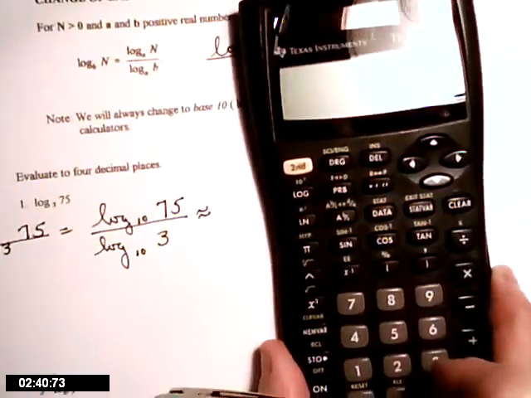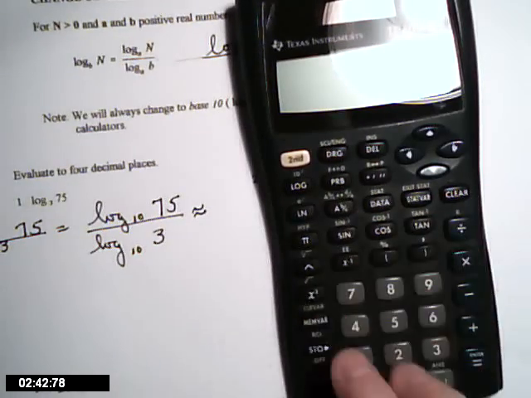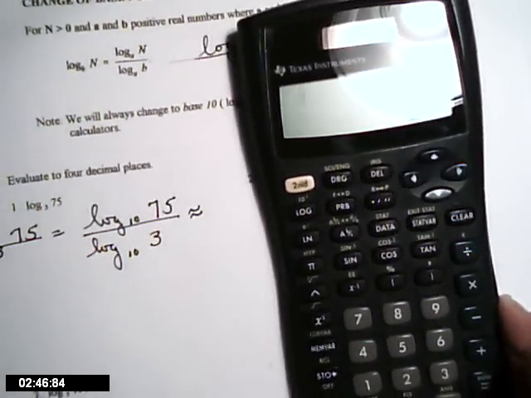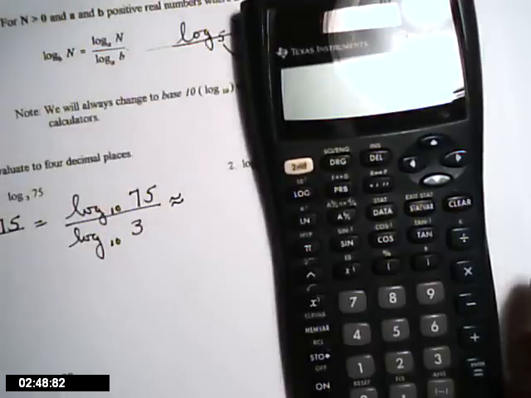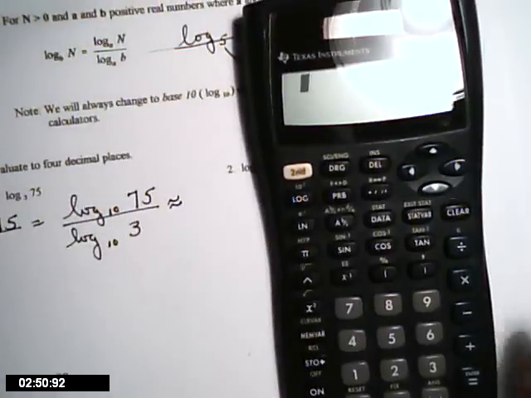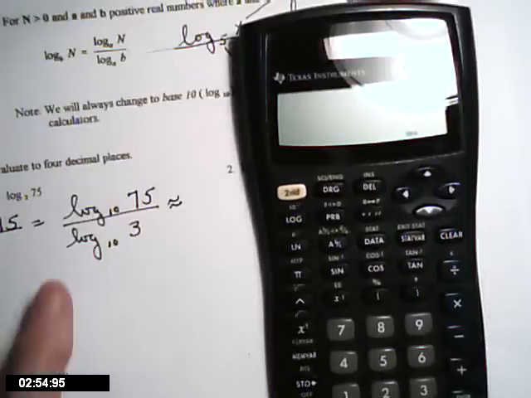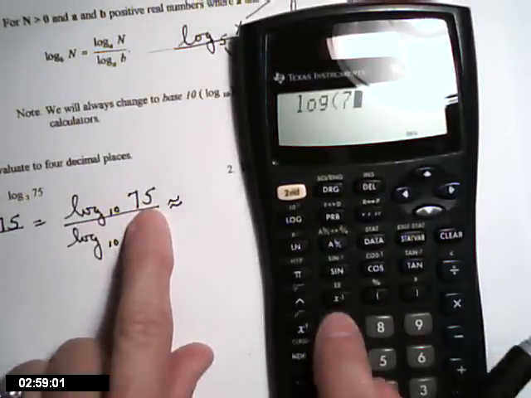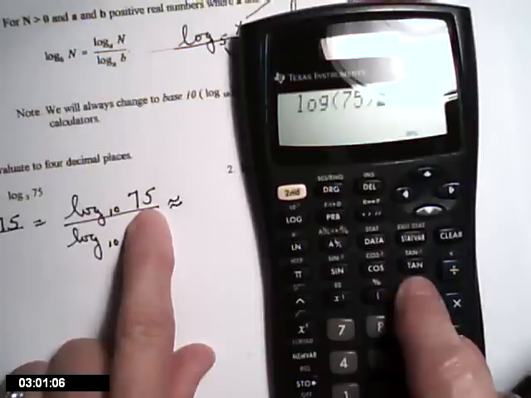Now, here's what we're going to do with your calculator. I'm going to clear it. You've got to remember on these, all through this chapter, that you cannot use too many parentheses. You've got to get comfortable with the parentheses key on your calculator. Alright, here we are. Log of 75, close parentheses.